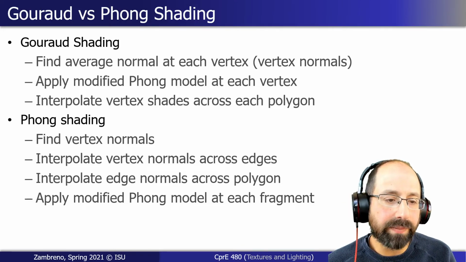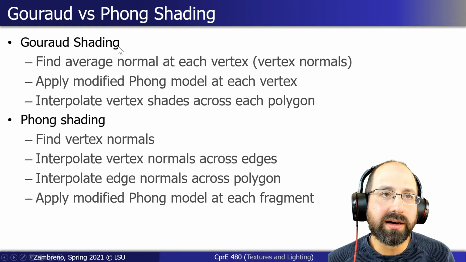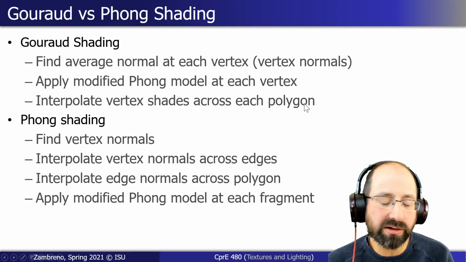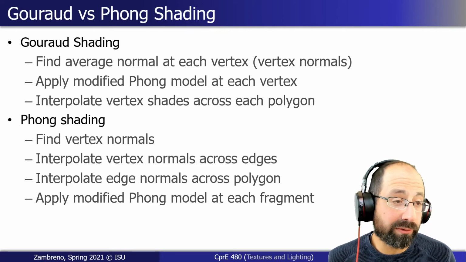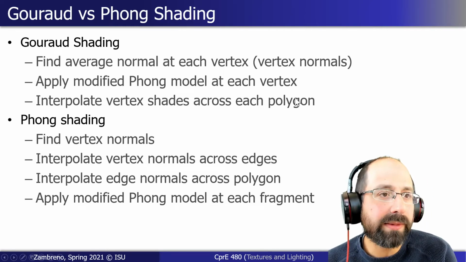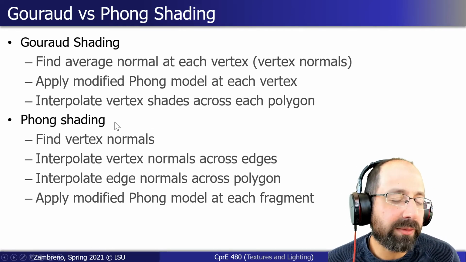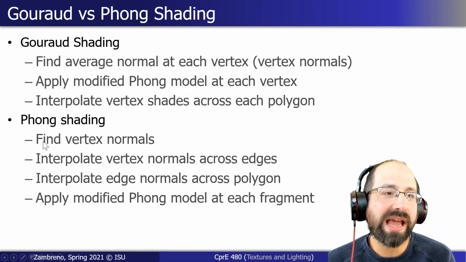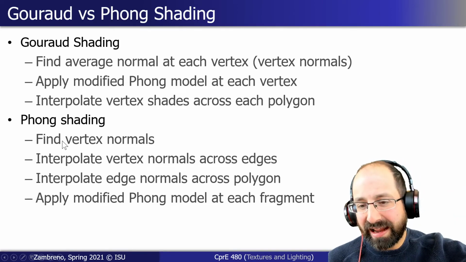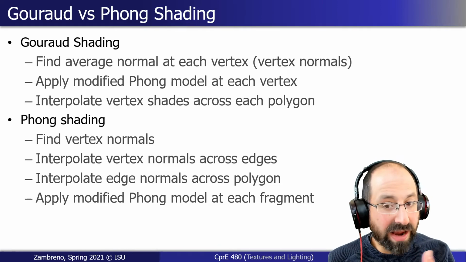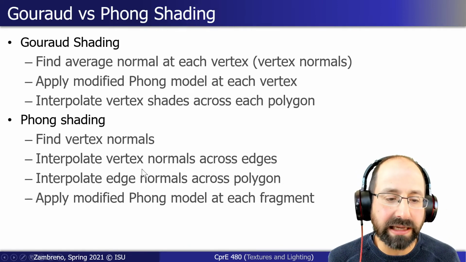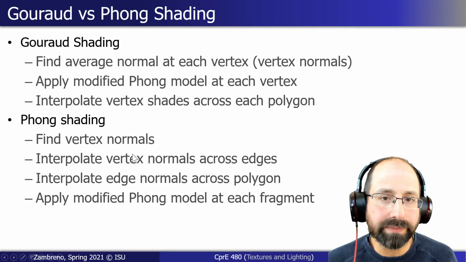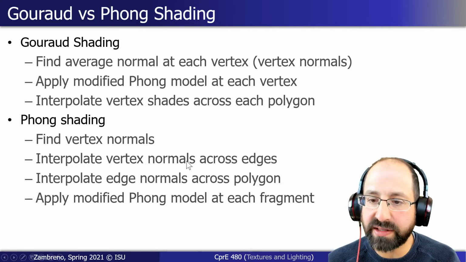That's the Gouraud shading, where if the vertex shades are the same for all three input vertices, they'll be the same for each of our fragments. Instead, for the per fragment or per pixel shading model, we calculate the vertex normals, and then the actual light calculations, and the math is still the same, happen on a fragment by fragment basis. It's the vertex normals themselves that get interpolated.